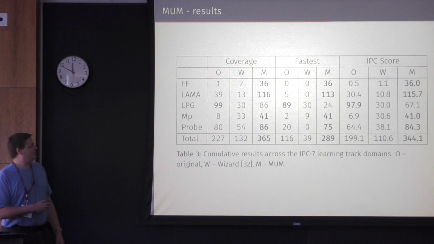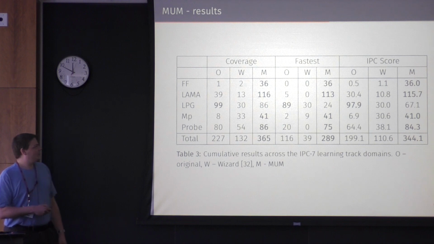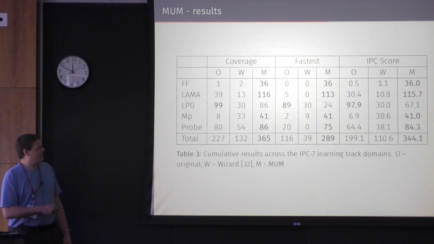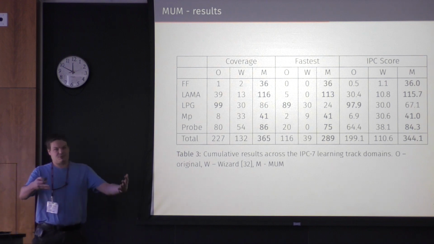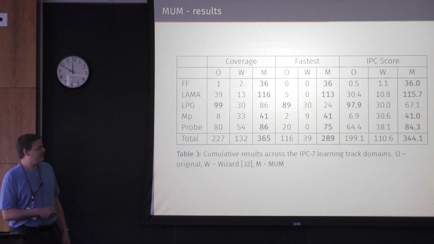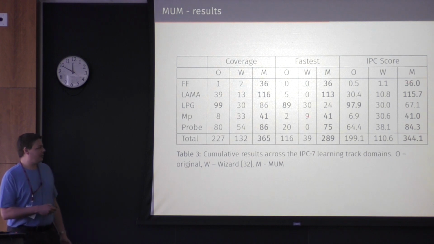We clearly compare with the original model and with macros learned by Wizard. Wizard had the advantage that it learns more suitable macros for each planner, while in our case it was general. Clearly our results are quite good, and we really outperform both the original and Wizard.